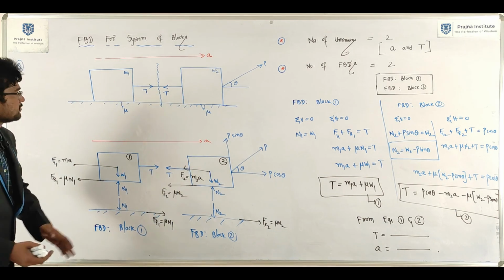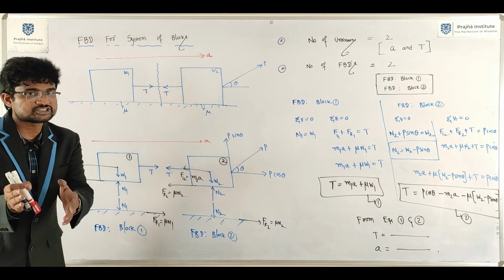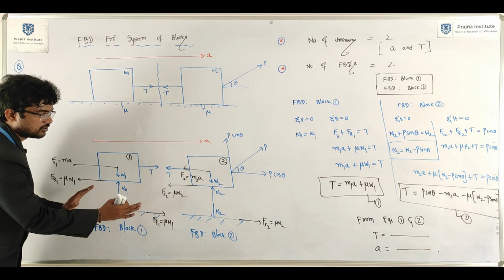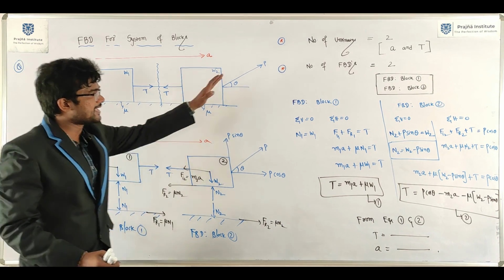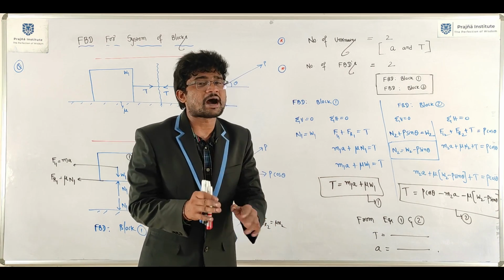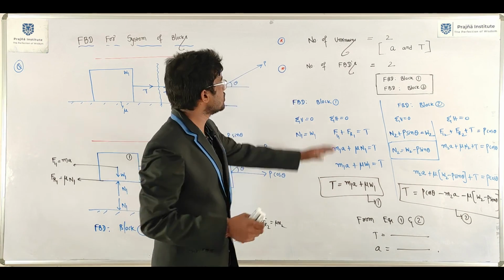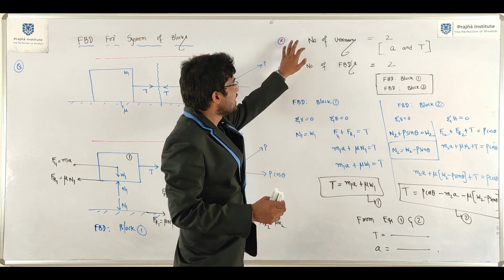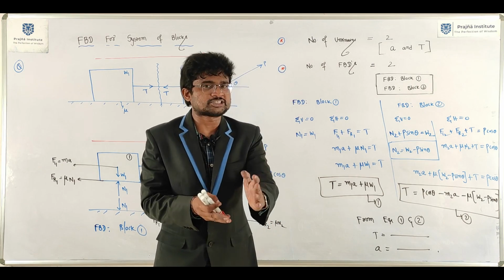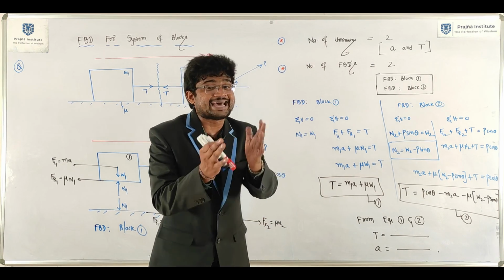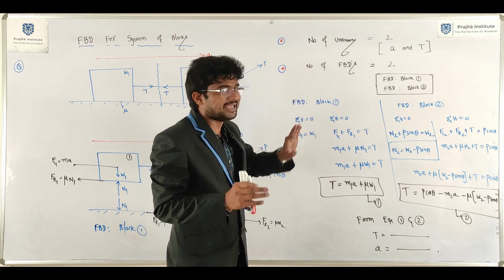How to solve the problem? You will see this kind of figure in the question. Immediately you need to draw the free body diagram, then apply equilibrium equations. Before applying the equilibrium equations, you should maintain this common sense: number of unknowns present in the question and number of free body diagrams, both must be equal.